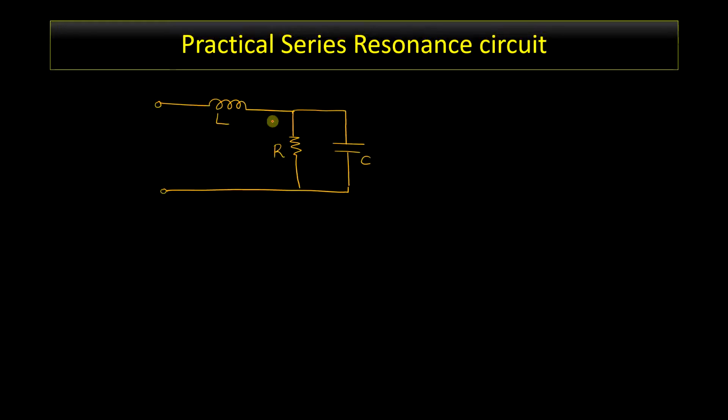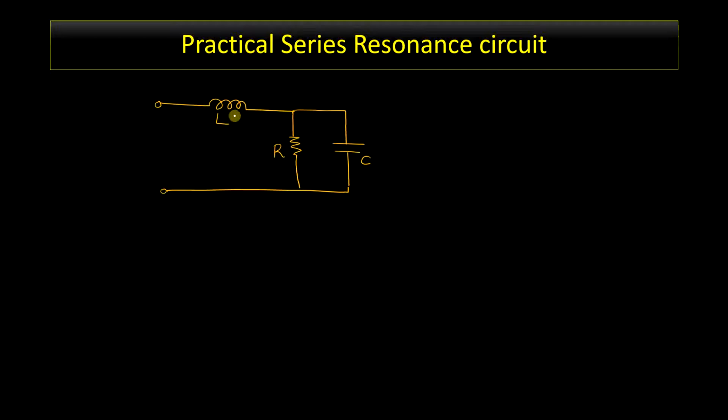So let us see what will be the expression for resonant frequency in this case, and what will be the expression for the total impedance of the circuit. Okay, so like the way we have done the derivation for the practical parallel circuit, we need to first consider what is the impedance of each of the circuit element.